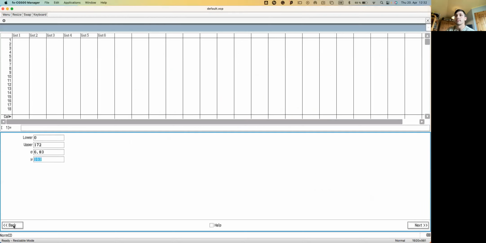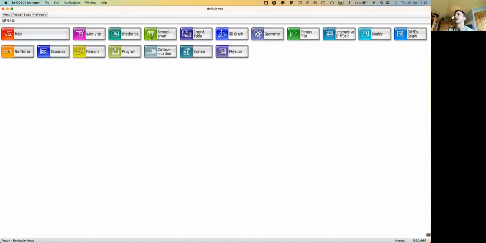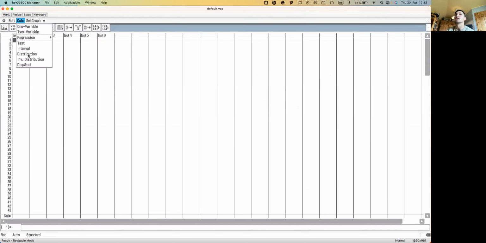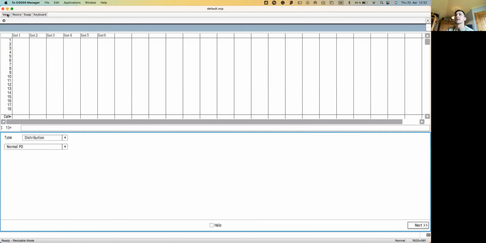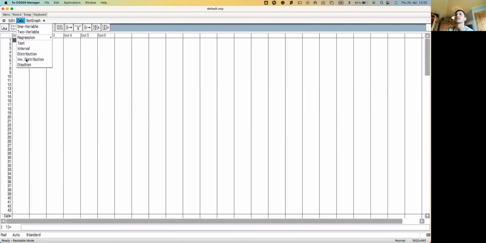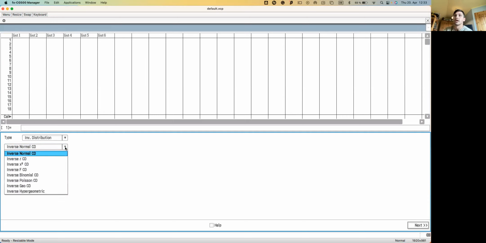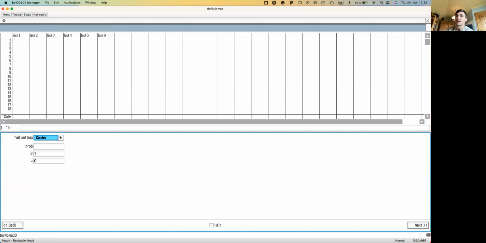We'll start again. Statistics, calc, and then this time we need to go to inverse distribution, inverse normal CD. We've got that all in there. Here, remember the tail setting, our tail setting needs to be to the left, because we've found the probability that a randomly selected apple is less than k grams.